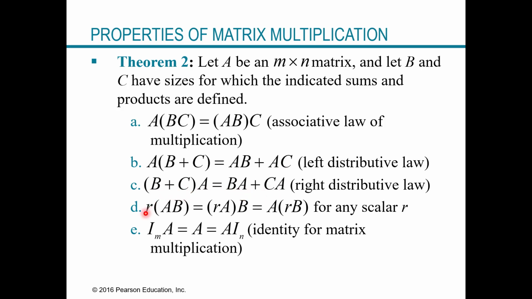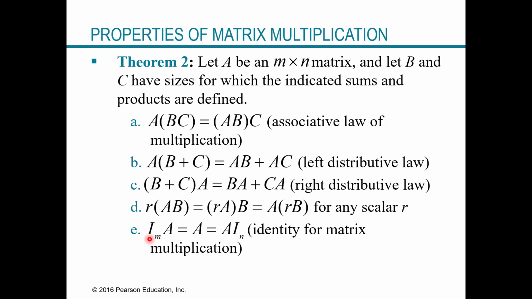And then we can multiply by a scalar. So we can say A times B, and then times that by R. And that's the same as R times A, that result times B, which is also the same as R times B, and that result times A. And then letter E here is with our identity matrix I. So remember the identity matrix is your square matrix with ones in the diagonal and zeros elsewhere. And so this subscript is letting you know how many rows and columns.